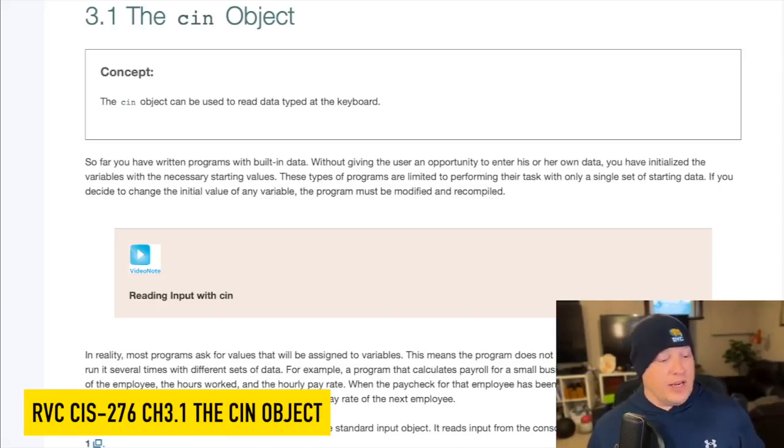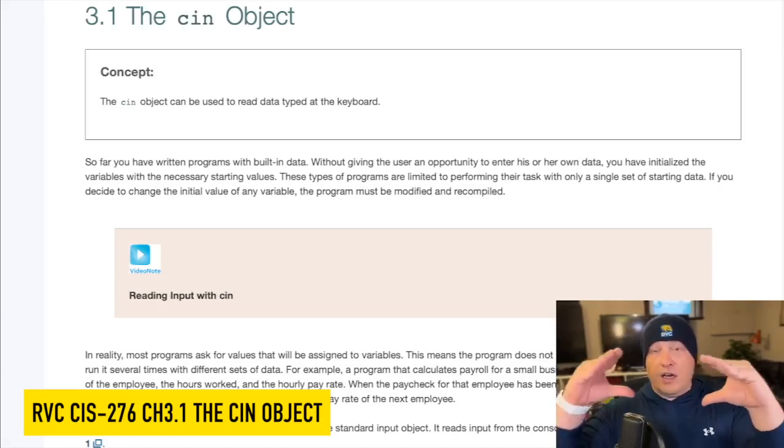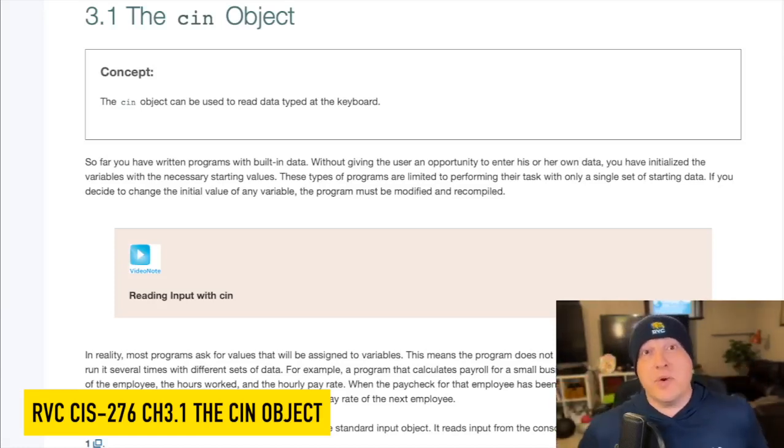In 3.1, and this is starting on page 85, we have the cin object. Now, one might expect that if we have the cout, which is known as the insertion object with the less than, that the opposite side of that would be the cin object, or the extraction operator, which would use the greater than, so that those symbols work in the opposite direction.